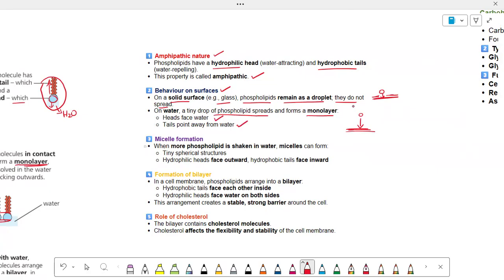Okay. There is micelle formation. What is micelle formation? Actually, when phospholipid is shaken in water, micelles can form, like teeny spherical structures. How do they form? Heads face outward and hydrophobic tails face inward.